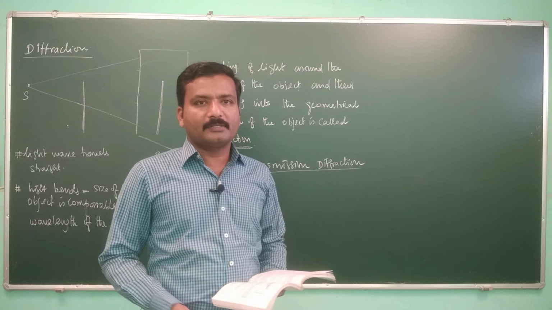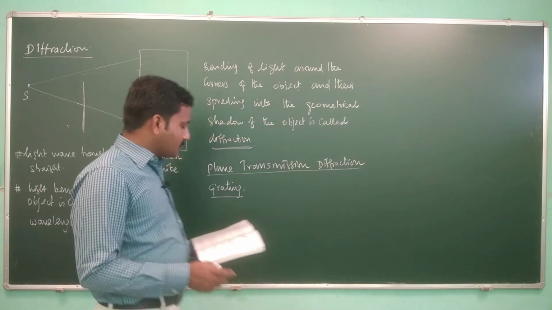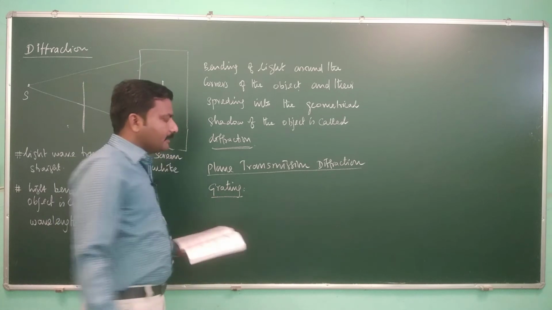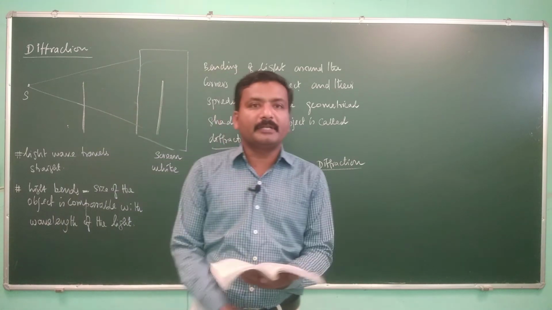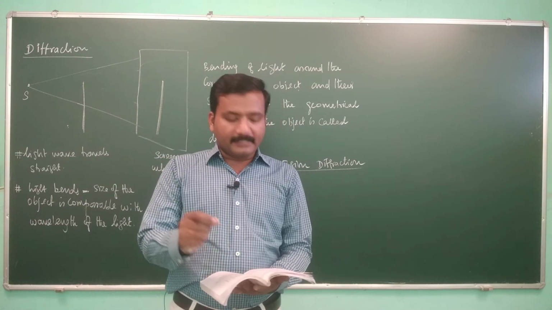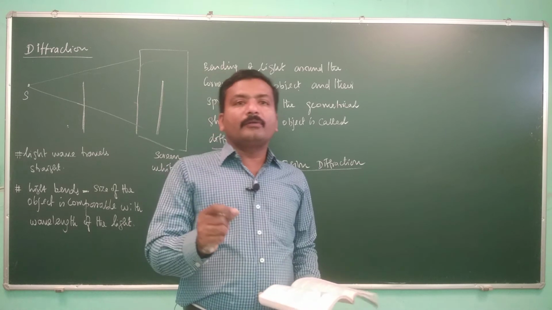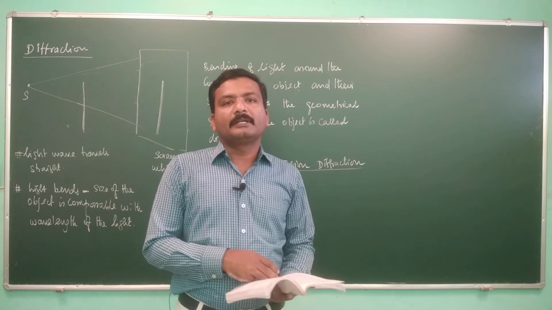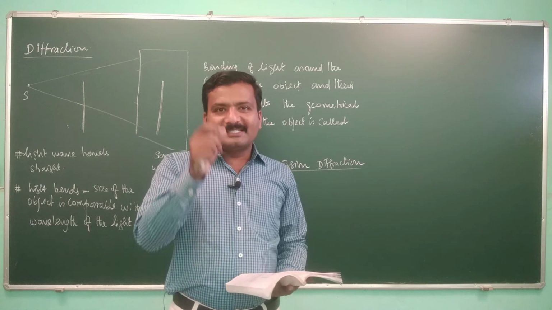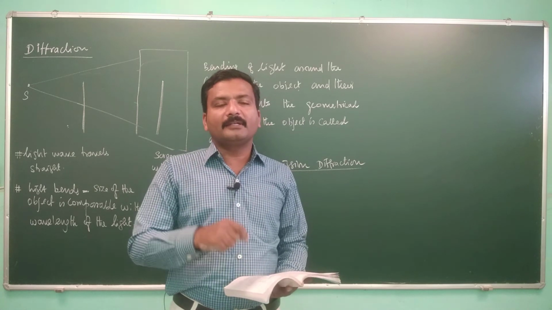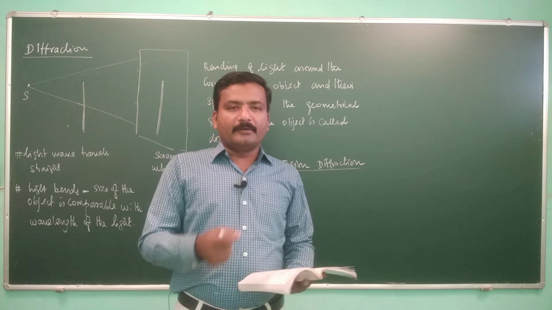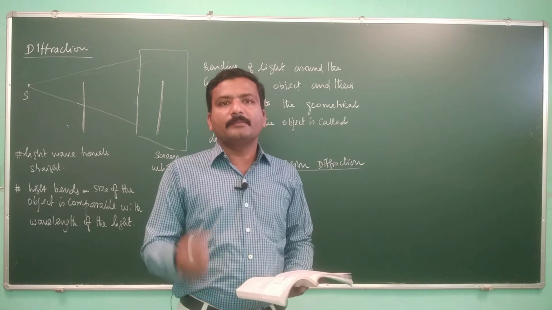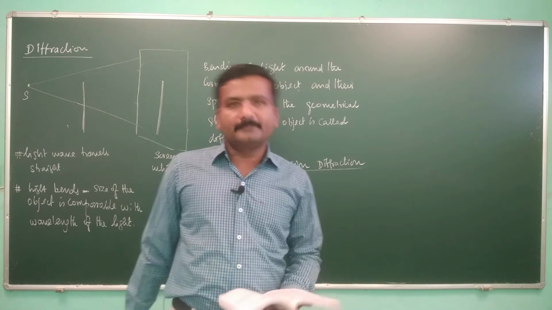The opaque space separates the slits. What is a diffraction grating? Let me tell you again. It is an arrangement consisting of a large number of transparent slits of equal widths which have constant opaque spaces between one another.